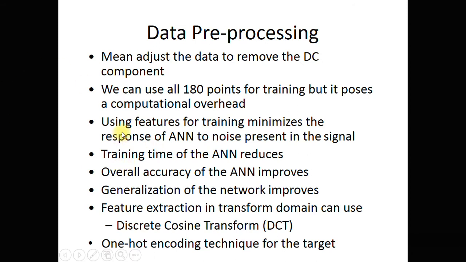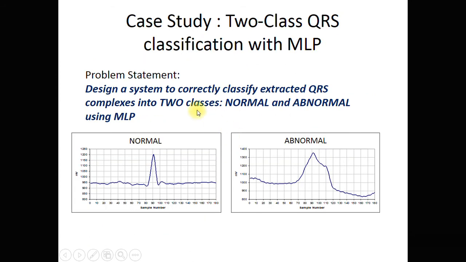So we can use features for training, which minimizes the response of the ANN to noise also. Let us say if there is some noise over here, in that case that noise will be erroneously used as an input signal, which may lead to problems.